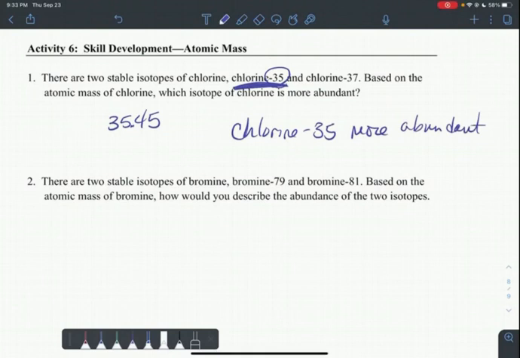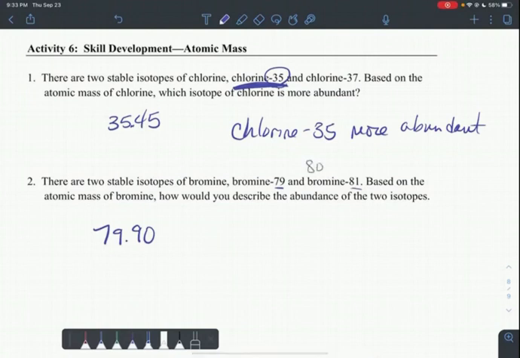So now bromine, similar thing. Based on the atomic mass of bromine, we go and look up bromine, Br. We get 79.90. Which one's more abundant? Well, halfway, right? 79.90. We're almost halfway between the two, right?